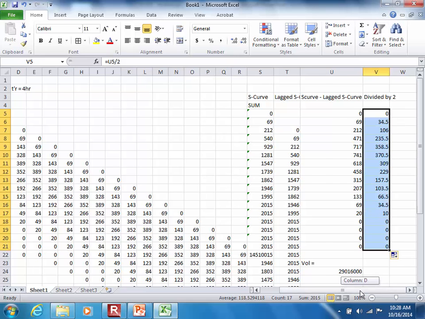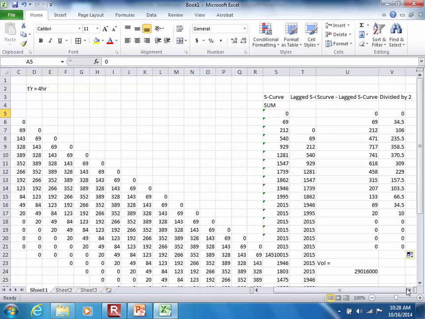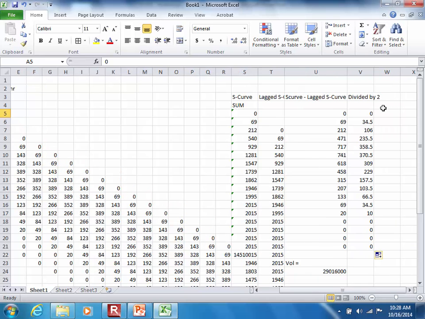So we're sort of running off the screen now. Here, row 5 is time equals 0. Let me put the time over here again so that we can see time in hours. It was 0, 2, 4, and so on.